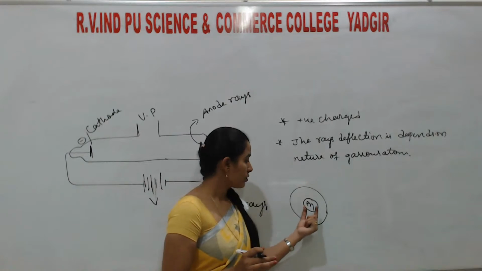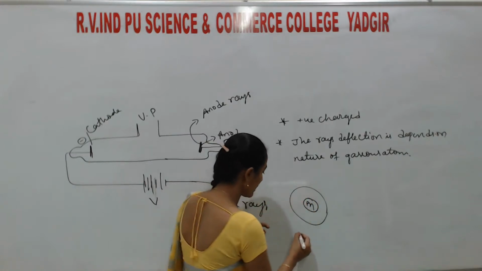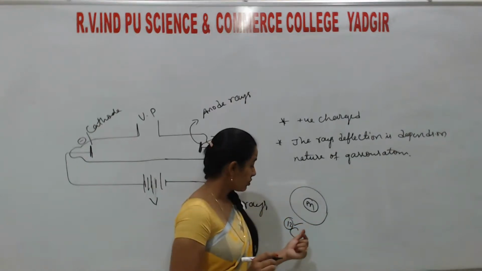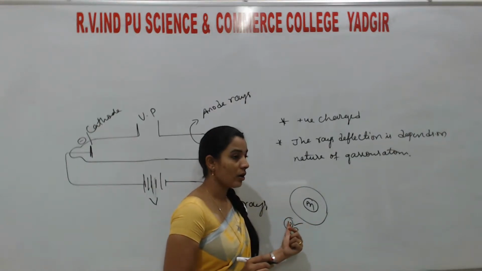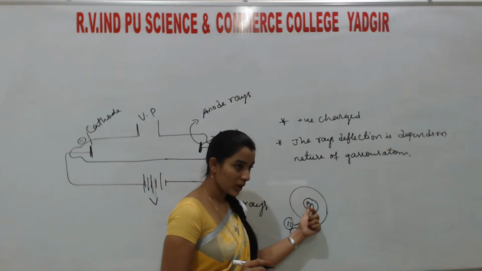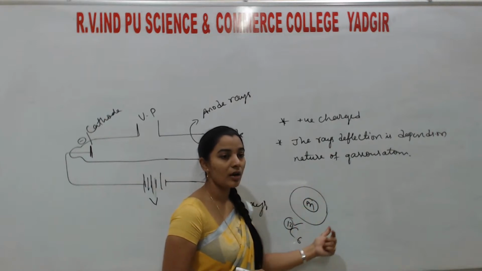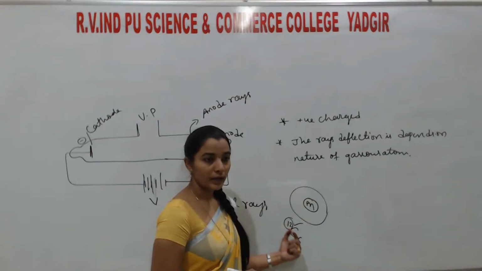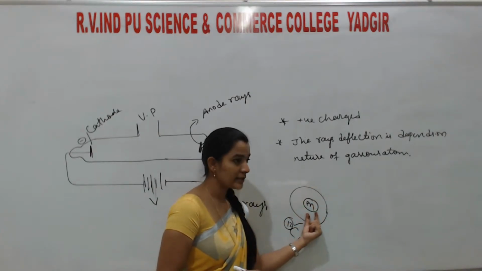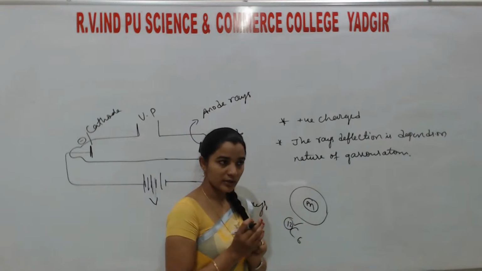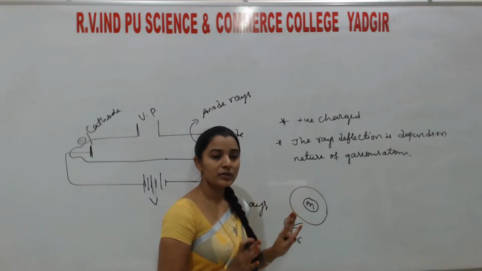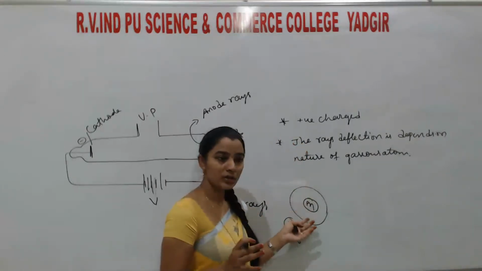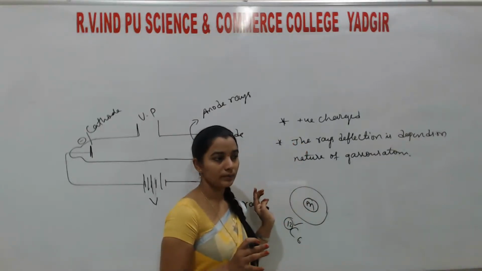So if you write C 6, 12, 12 is the atomic mass, you know that. This atomic mass of carbon is due to only protons and neutrons. Electrons do not contribute to the mass of the atom. Understood? So if the atom is smaller, the nucleus is obviously small, then deflection is also small. If the nucleus is big, then deflection is also big.